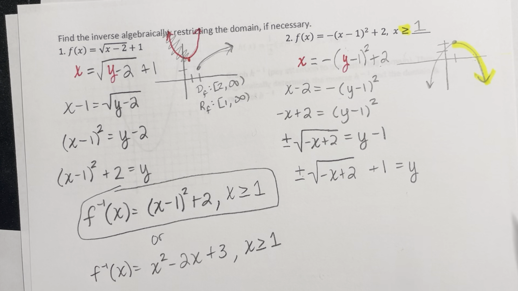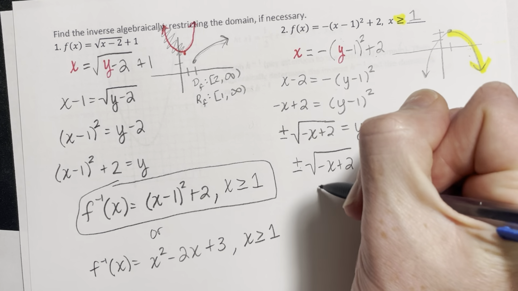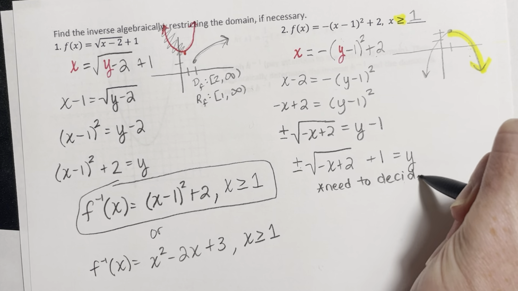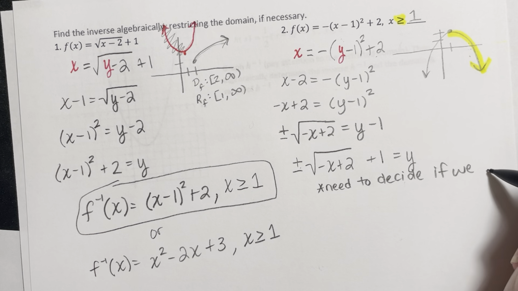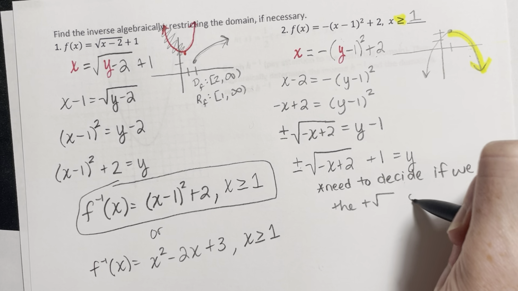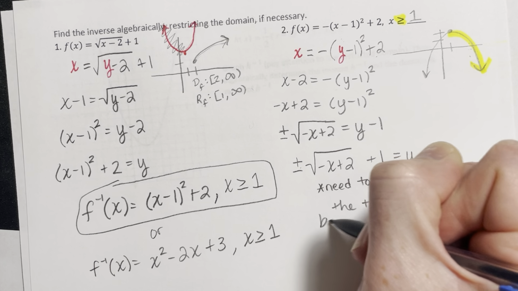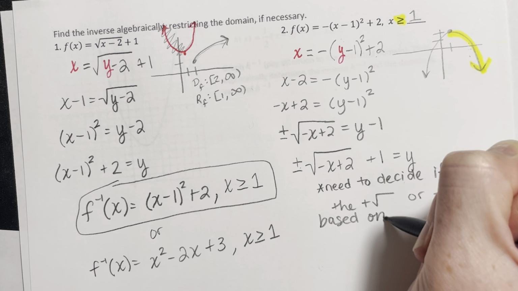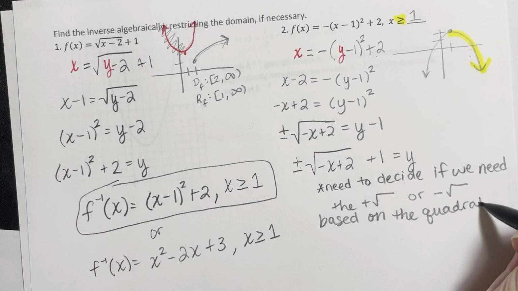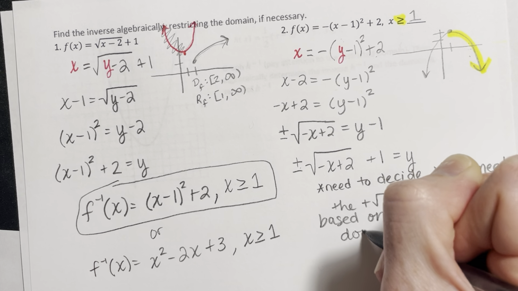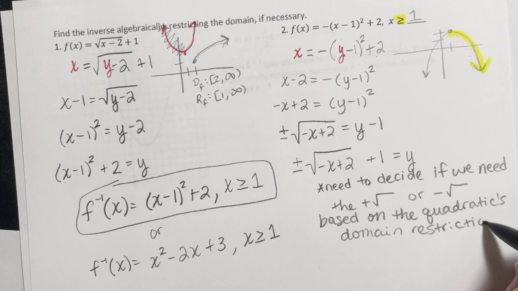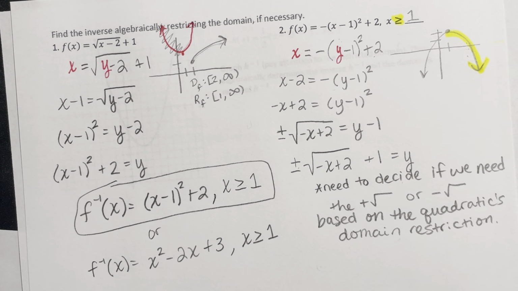So when we were working with the right side of the parabola here, we need to decide if we need the positive or negative square root. Okay, so it's based off that quadratic's domain restriction.